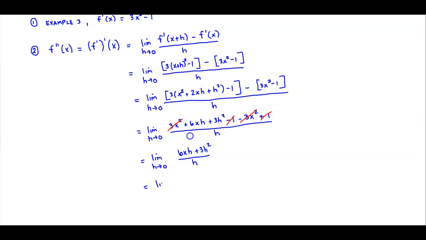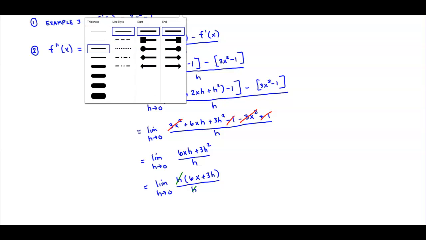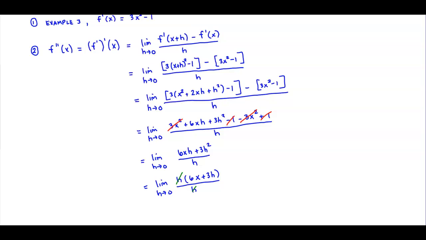So we can factor out an h. We have h times 6x plus 3h, divided by h. So we can simplify the h. Now we have the limit as h approaches 0 of 6x plus 3h.